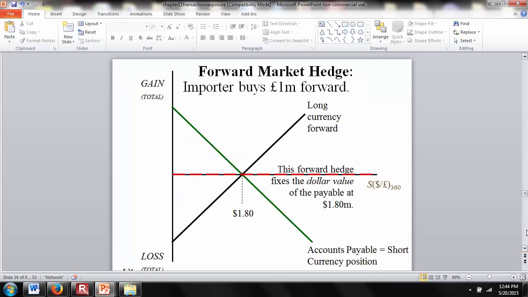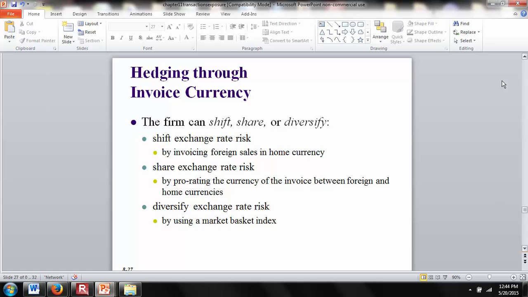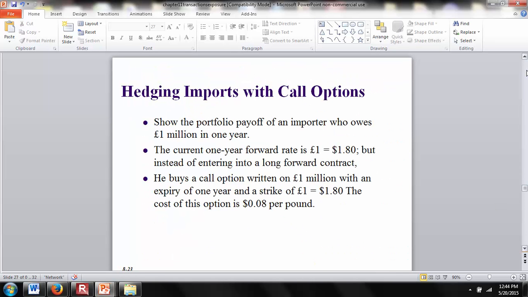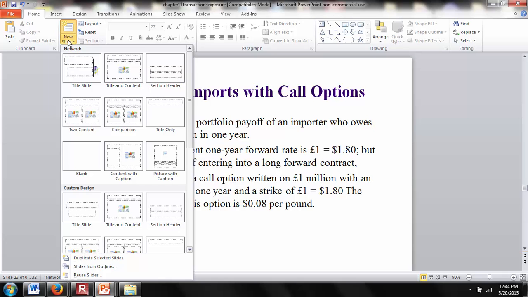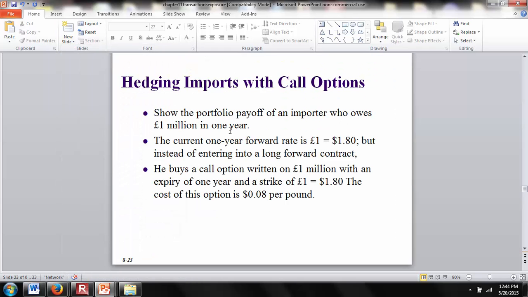Okay. So if you look at this question, I think they give you a lot of numbers that perhaps make it a little more confusing than it should be. So let's look at a simpler way to do that. Okay. So basically here you owe 1 million pounds, and the current price is 1 pound is equal to 1.8 US dollars.